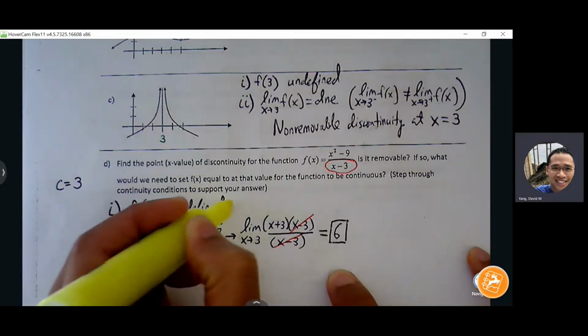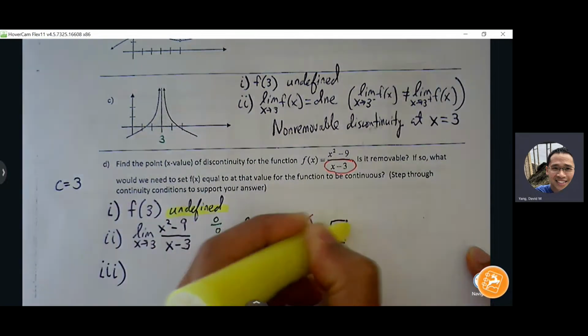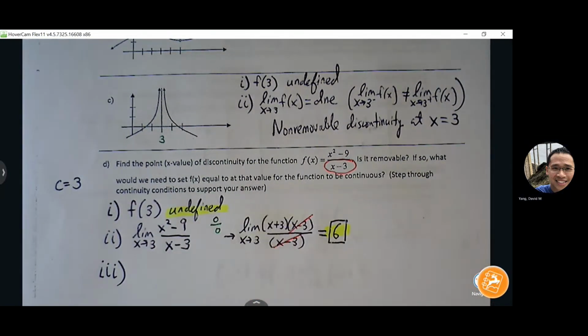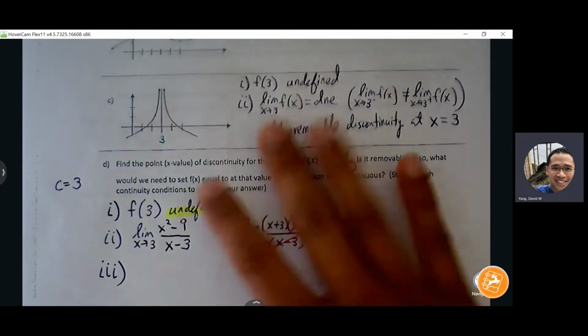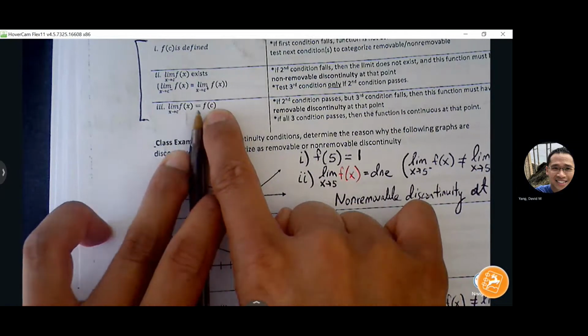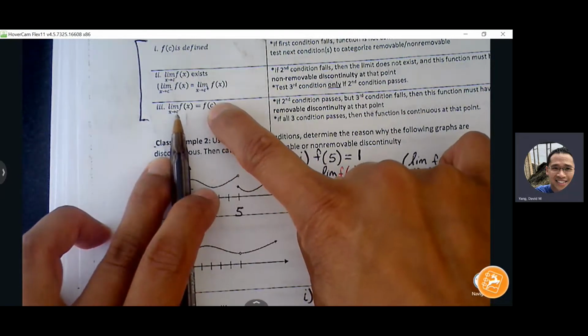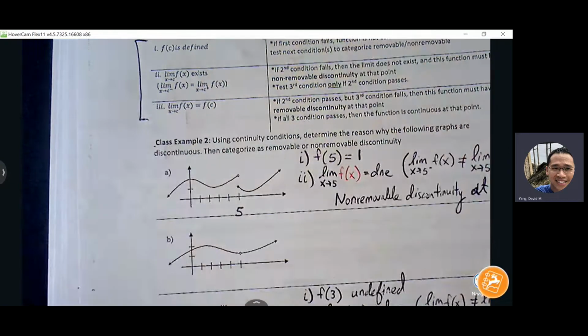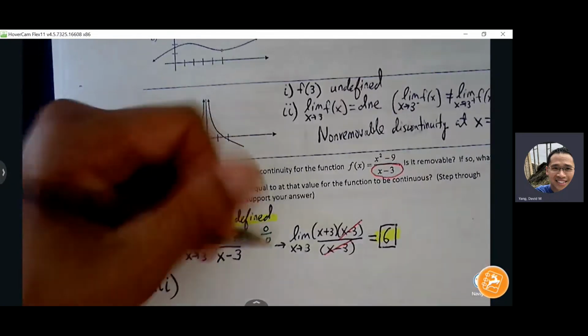Check what you found from the first and second condition. Are they in agreement? They're not. So we're going to write out this statement and simply say that these are not equal. The only thing you're going to replace is the c with what? What's the c value? 3. That's it. You're going to copy exactly that third condition.